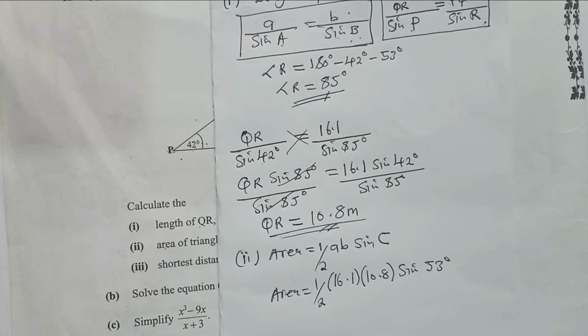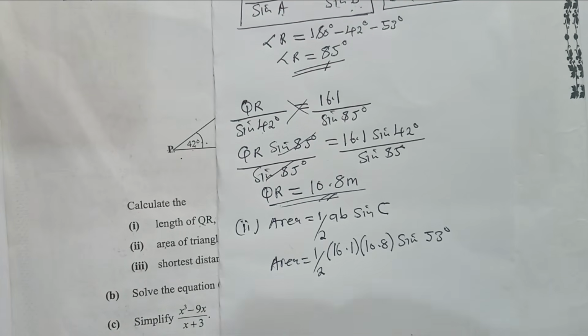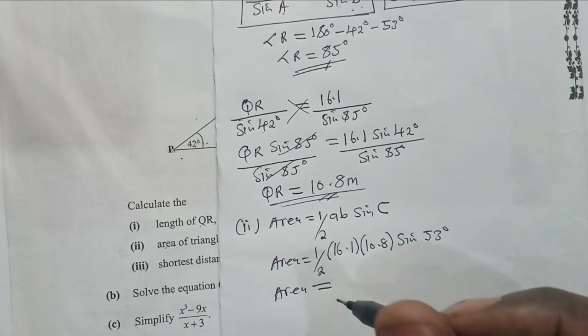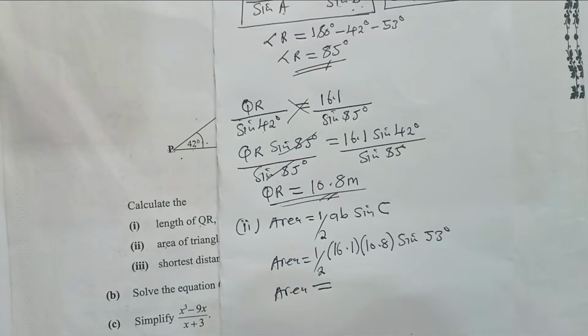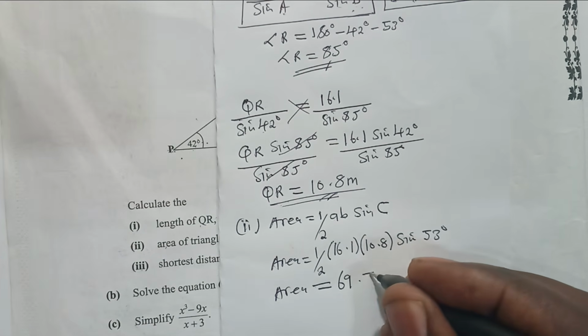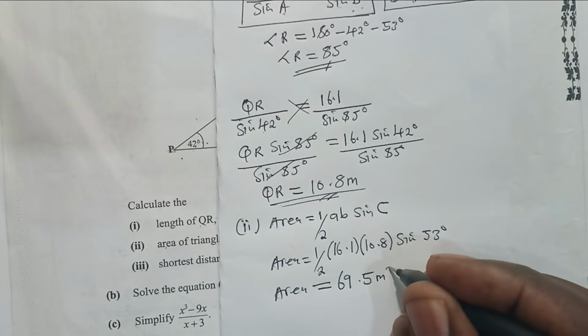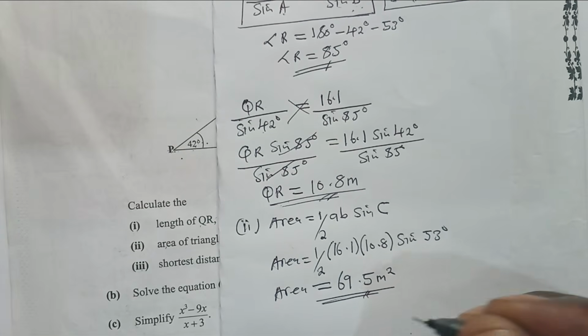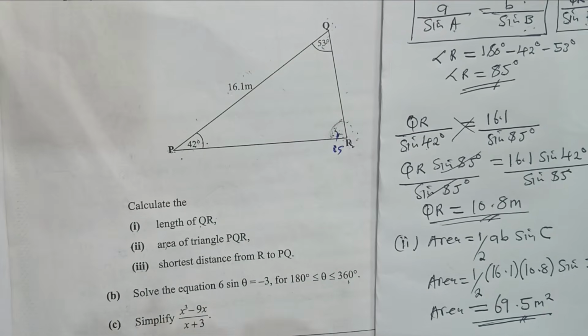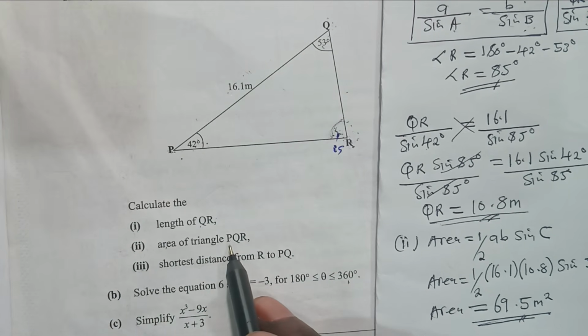So we can punch the figures on the calculator, and this is going to give us 69.5 square meters, because area is measured in square units. So this is going to be the area for triangle PQR.